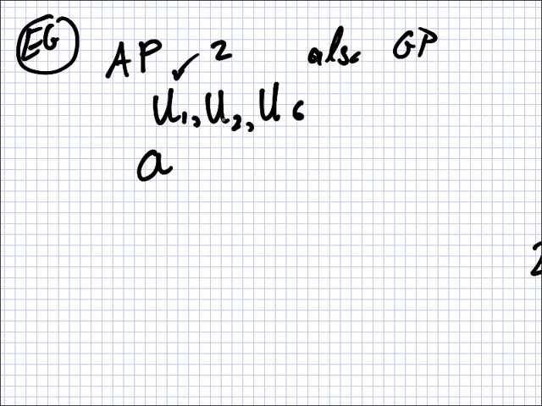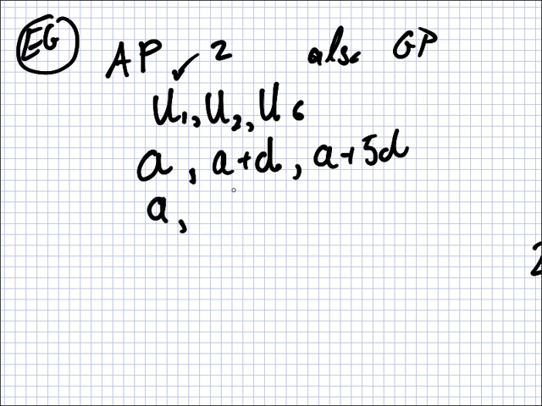If this is the second term in AP, what is this one? A plus D. And then the last one, A plus 5D. However, if they're also GP, then the first one could have also been A.